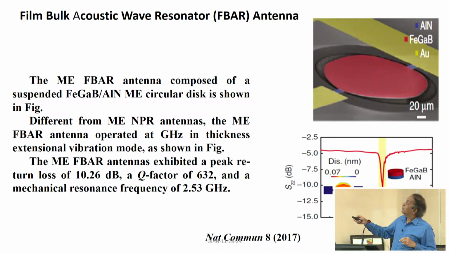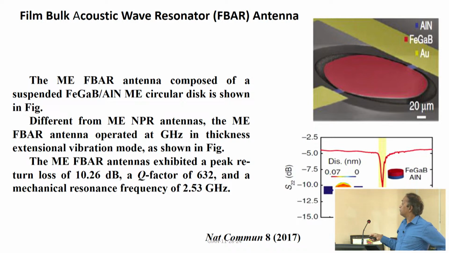That is what this FBAR antenna does. It is a disc of a composite with two faces, and it is iron gallium boron and aluminum nitride. There are gold electrodes top and bottom, and you drive this into a resonance mode, a standing wave confined to the thickness of this, and that happens at 2.53 gigahertz.